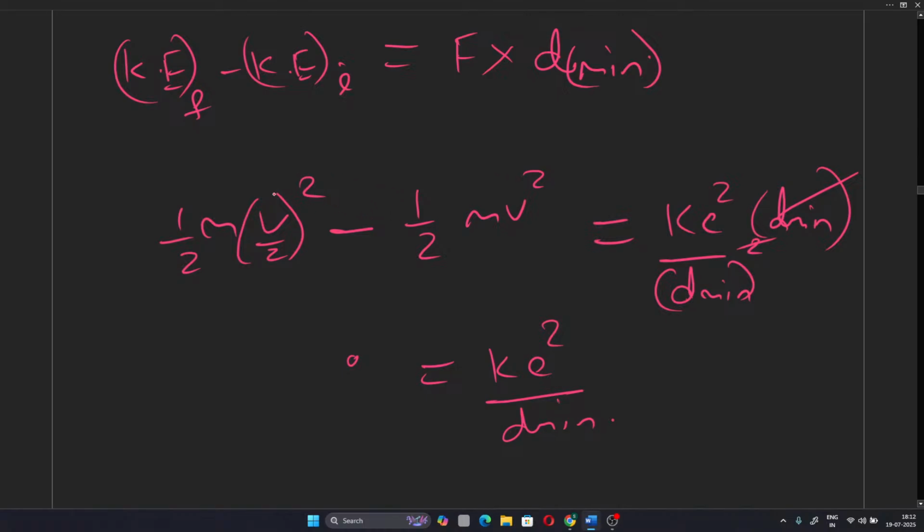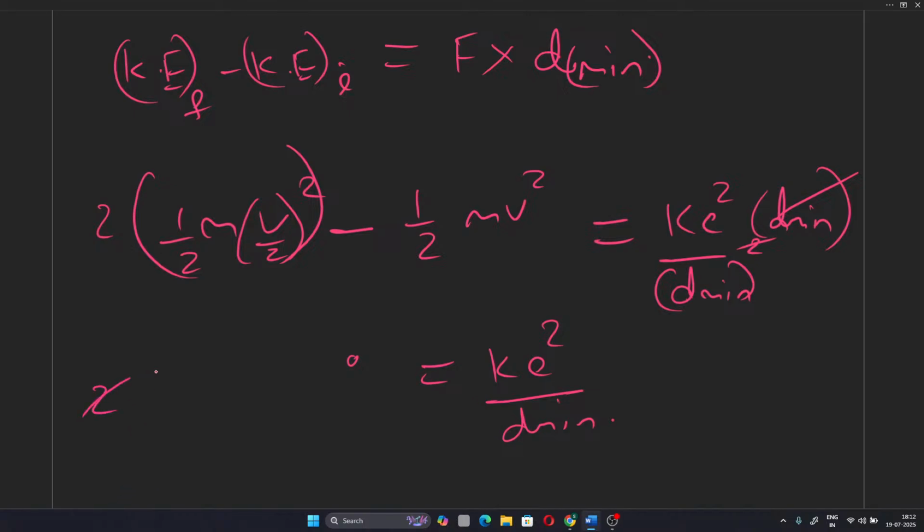Here the final should be times 2 because there are 2 electrons, so it should be times 2. So it will be 2 times half m (v by 2) whole square.